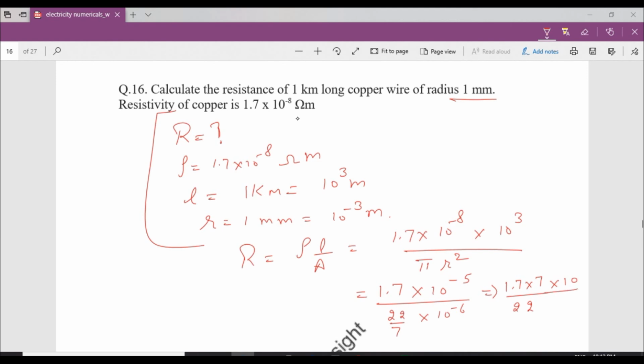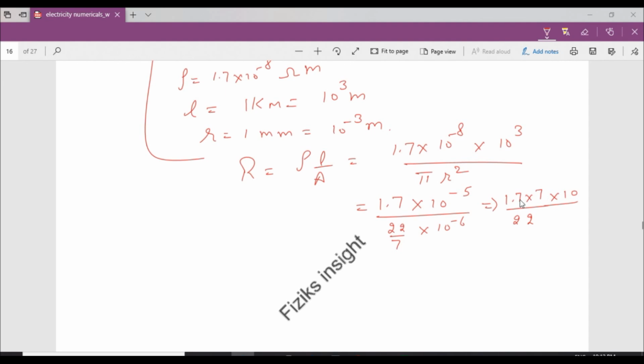Multiplying 17 by 7 gives 119, so it is 11.9 into 10 upon 22, or 119 upon 22. When you divide 119 by 22 by the long division method, you get the answer 5.4 ohms. So this is your answer.